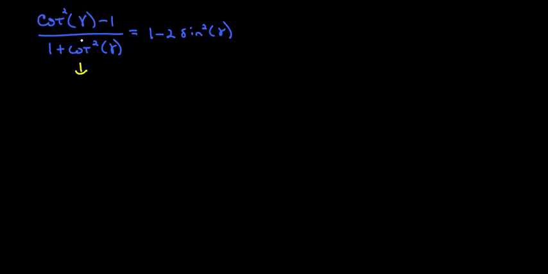On the bottom here, 1 plus cotangent squared is cosecant squared. Oops, cotangent. And then what I was thinking about doing was taking the numerator and splitting it like this.